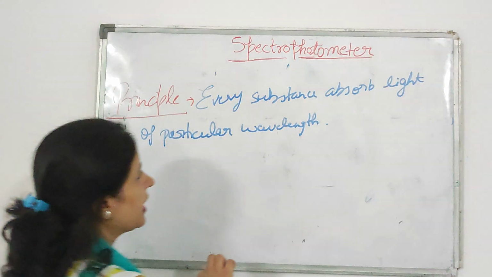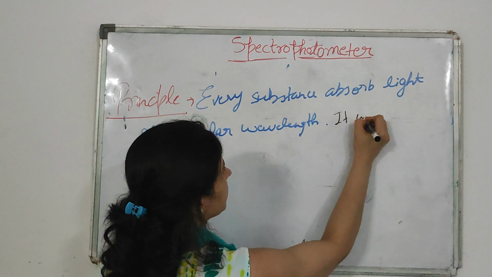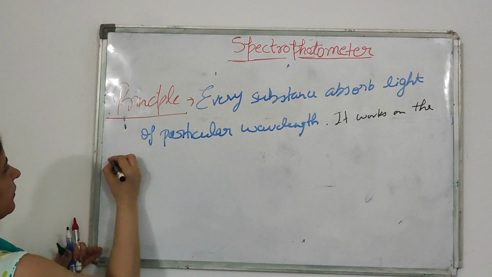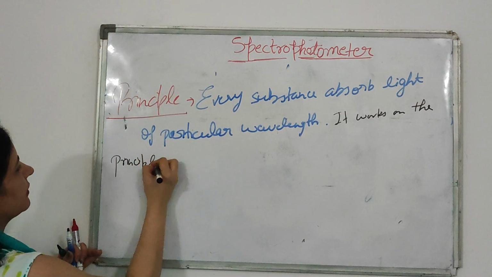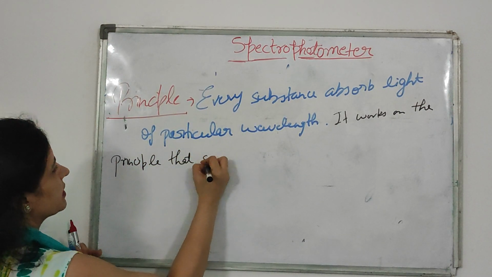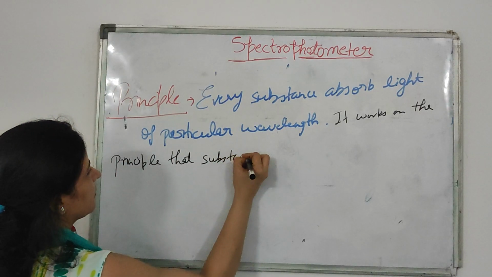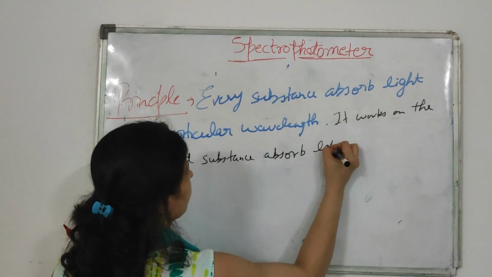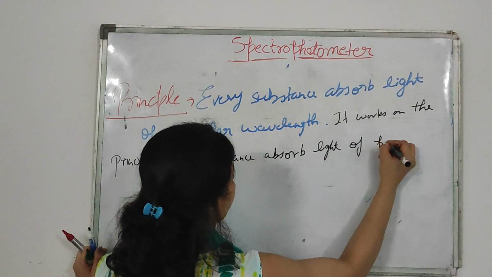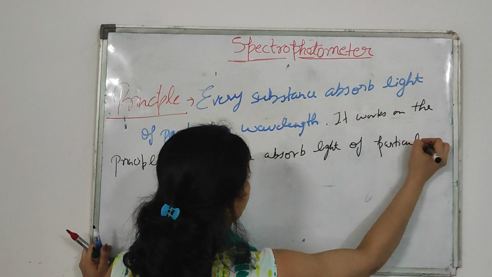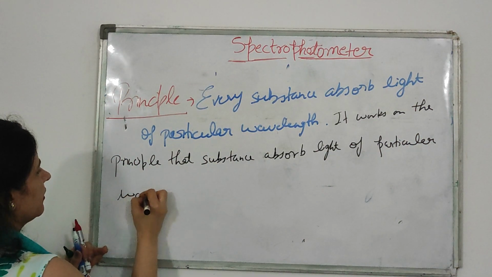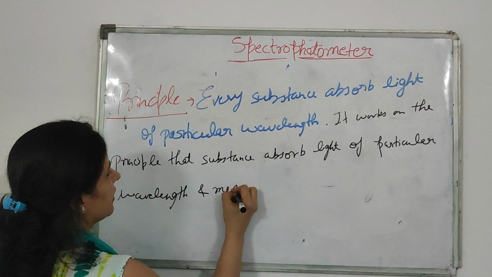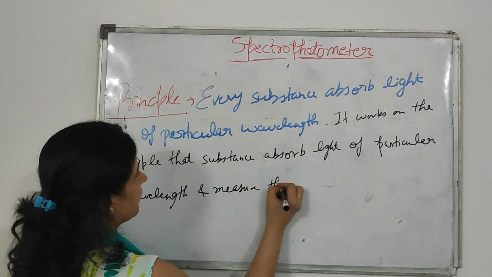Then the spectrophotometer works on the principle that a substance absorbs light of a particular wavelength, and we measure the intensity of light.